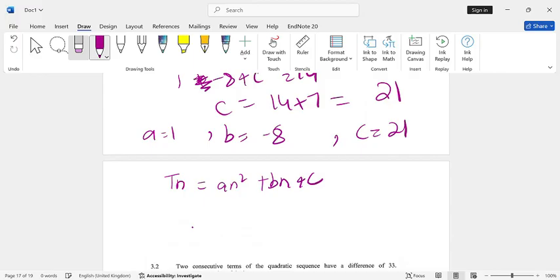If we write the formula like that, in this sense of n squared, because we have the value of A, it also becomes the quadratic equation. So we have minus 8 for B, so I put the value of minus 8 over here, and plus 21. So this is the required answer we have to find, okay?